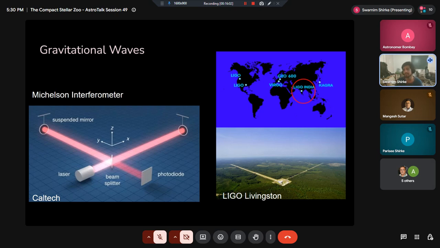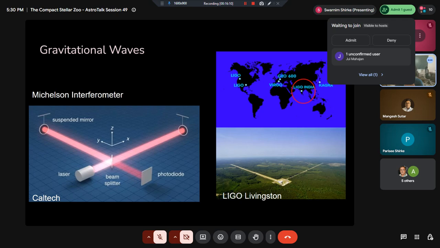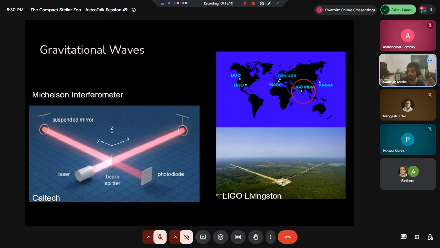LIGO India is something that is being proposed. It is still underway. It is being planned in Maharashtra itself, in Aundha district. That is something to be expected, and there are other detectors as well. These basically probe the gravitational waves, or the changes in gravitational field or motion of these compact objects. All right.